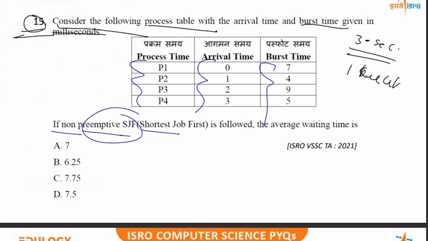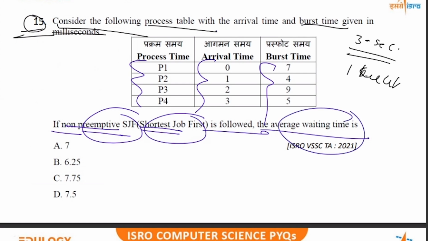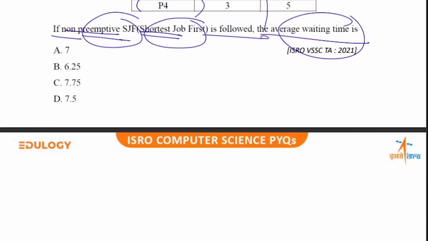Wait a minute guys. Okay, fine. What they are saying is, if non-preemptive SJF, shortest job first, is followed, what is the average waiting time? They are asking for the average waiting time. So see, firstly you have to recall some formulas.